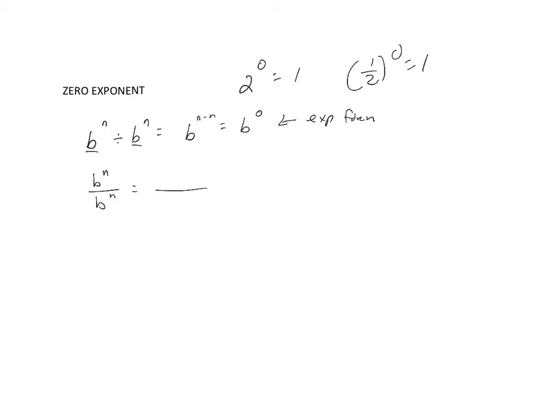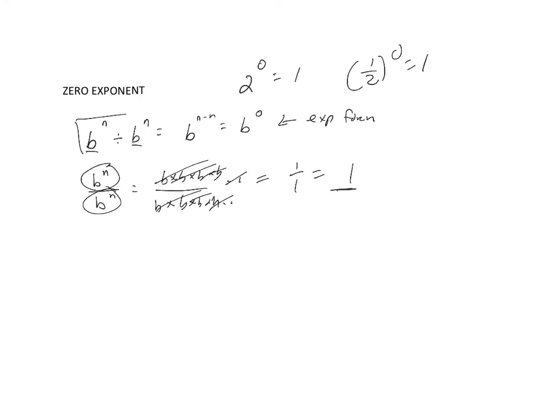If I were to write this out in expanded form, we have the same number of b's in the numerator and the same number of b's in the denominator, and pretty much they will all go away. So simplify, what does that give us? It gives us 1/1, which equals 1. Because identical divided by identical will always give us 1.